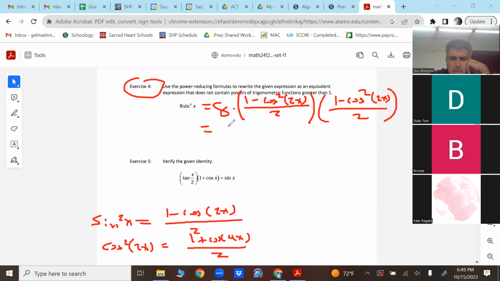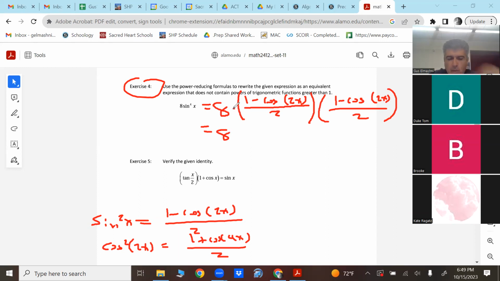Yeah, because you're doing that twice, right? And cosine squared 2x. Doesn't multiplying it by itself kind of take away the need for the cos squared in the parentheses? Well, oh, right, you're right. You're correct. Sorry. Okay.